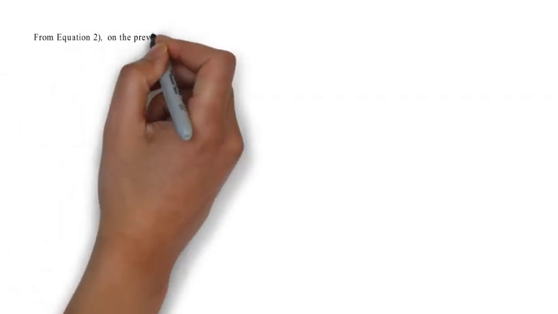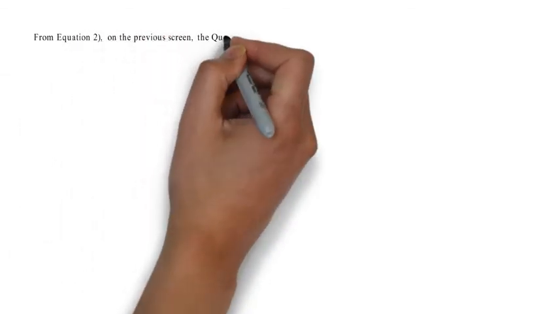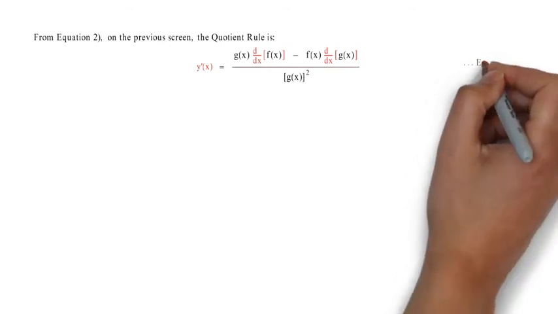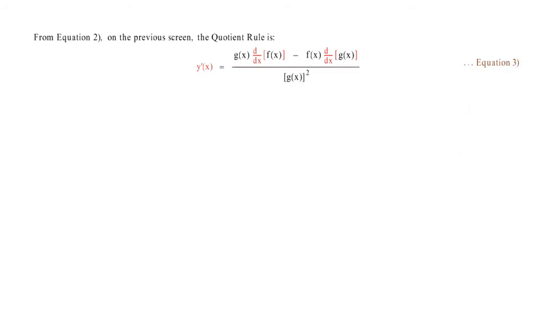From equation 2 on the previous screen, the quotient rule is, call this equation equation 3.